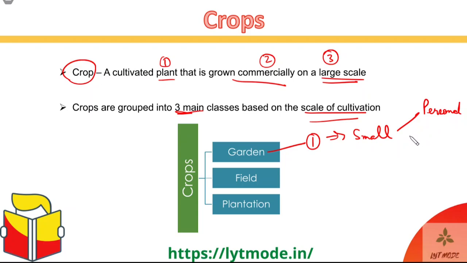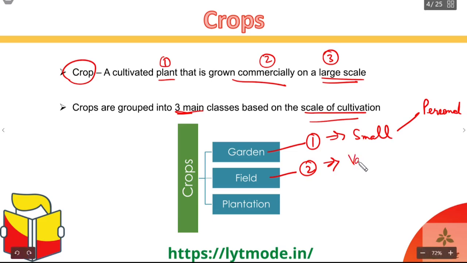Okay, so in the kitchen you use it, or in your household. Then comes the second kind of crops, which is field crops. Now field crops are the ones which are grown on the most extensive scale. All right, so on a very large scale is what they are grown, or in fact instead of large you can say vast scale.